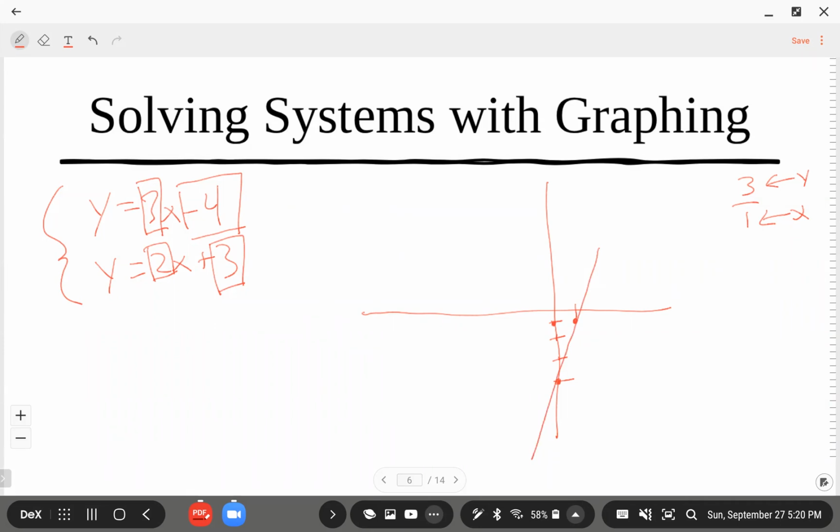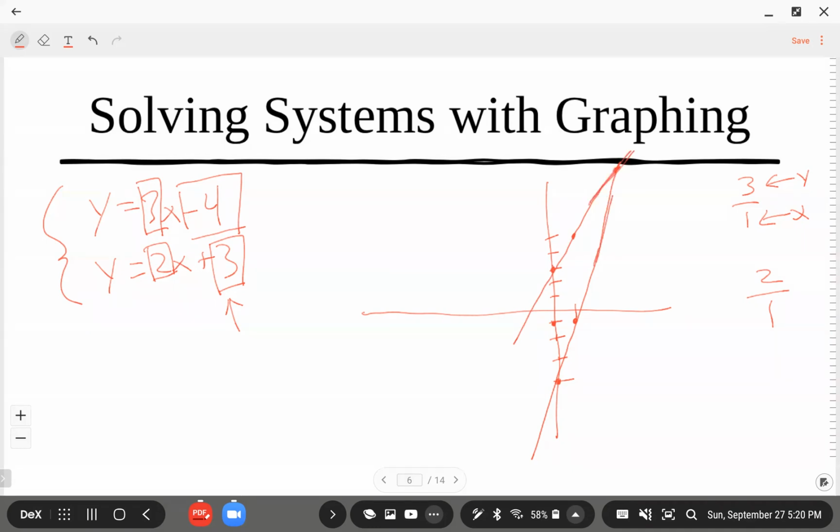Next line. We have a y-intercept of 3, 1, 2, 3. Our slope is 2 over 1, so let's go up by 2, 1, 2, and go to the right by 1. There we go. That's our line. These are very similar lines, and they do intersect at some point. That will be our intersection point.